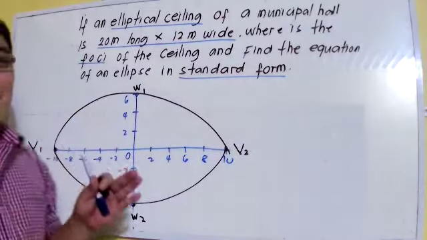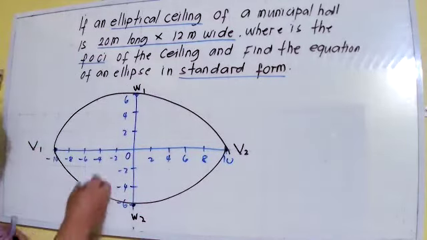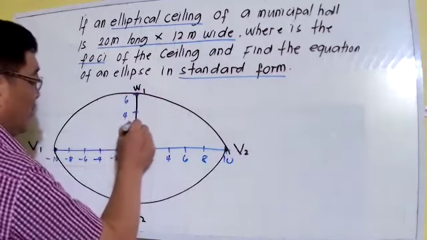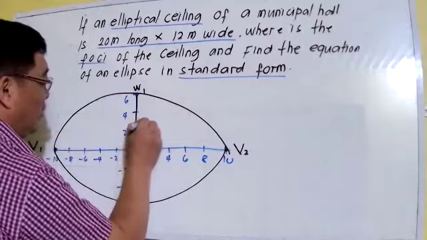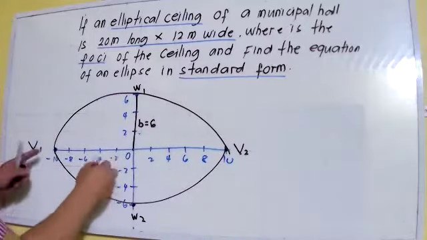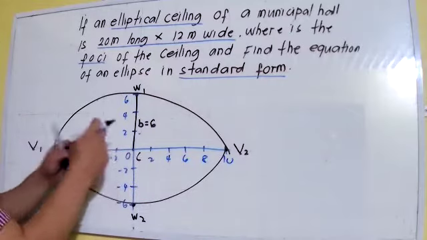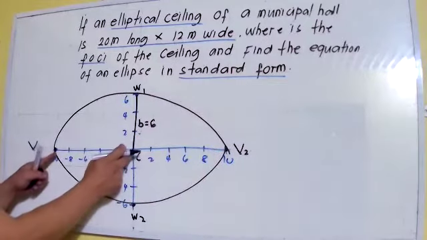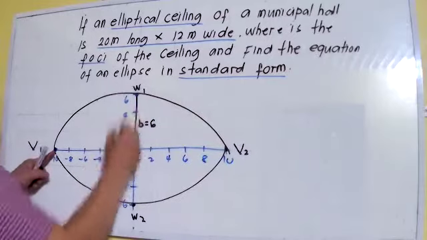So, based dito sa drawing natin, it is already visible na yung value ng b natin is equals to 6. And from center papunta dito sa vertex, meron tayong distance na 10. So, kalahati ng major axis will be equal to 10.